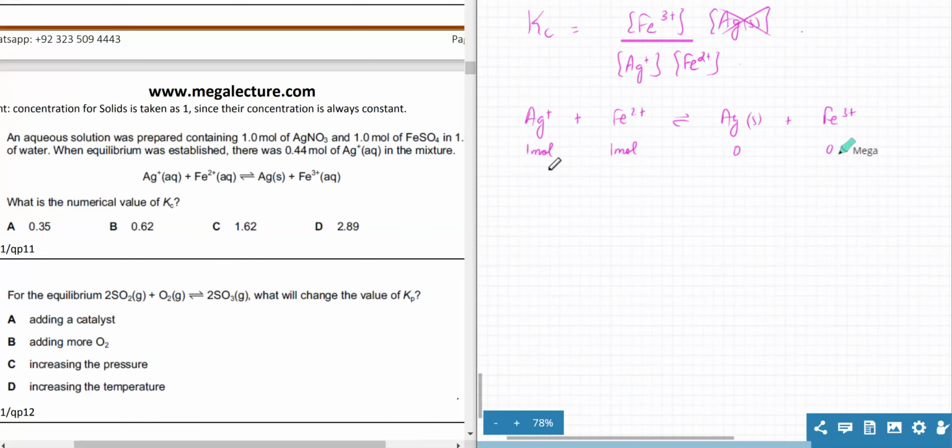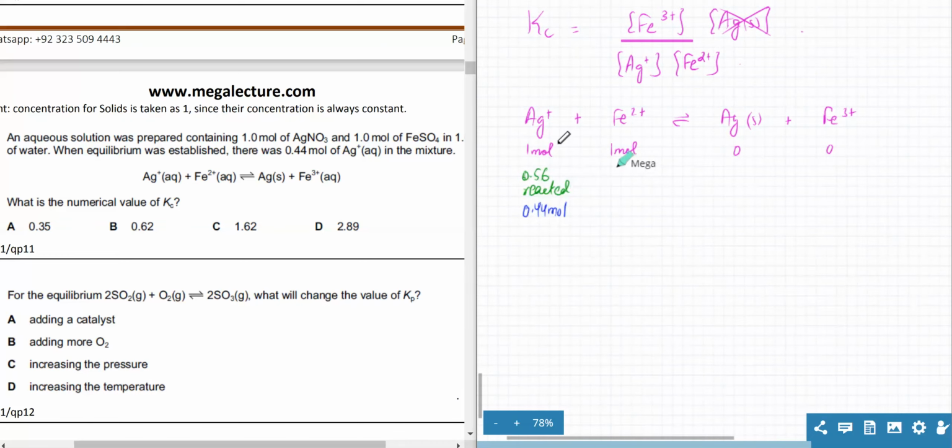And then they're saying that at equilibrium, there was 0.44 moles of Ag plus 1. So this is your equilibrium moles. At equilibrium, you have 0.44 moles. That indicates that 0.56 are gone, they have reacted.